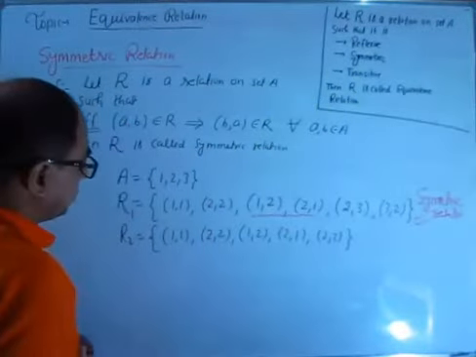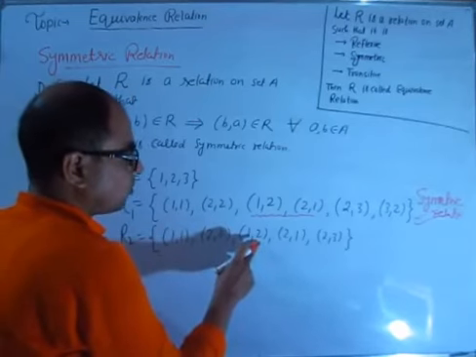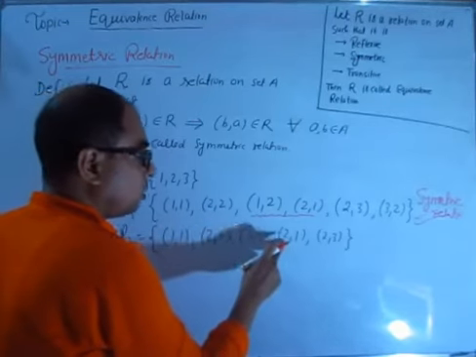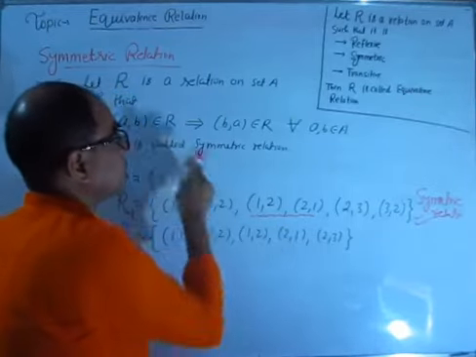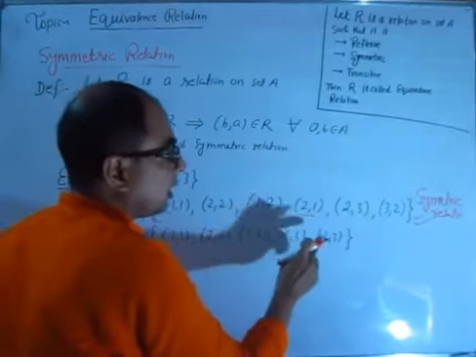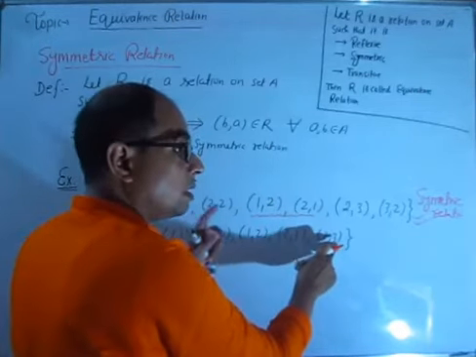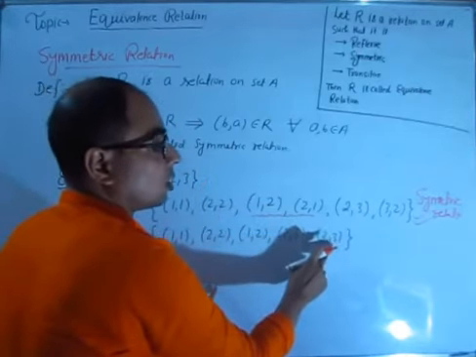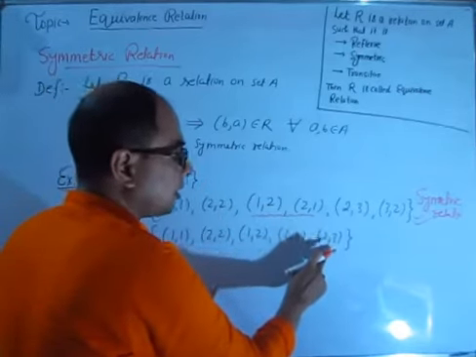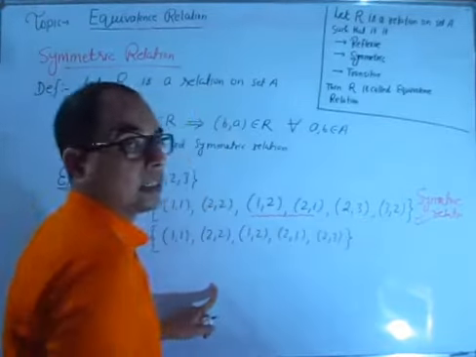Now see example 2. Here 1 is related to 2, and 2 is also related to 1. So this element satisfies the condition of symmetricity. But here 2 is related to 3. For symmetricity, 3 must also be related to 2, but it is not given in the relation. It means it is not a symmetric relation.